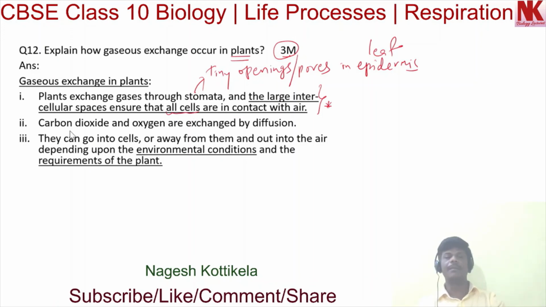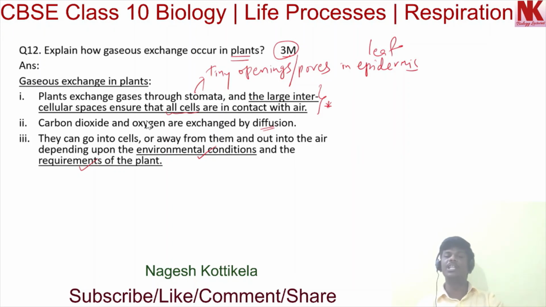Carbon dioxide and oxygen are exchanged by the diffusion process. They can go into cells or away from the cells and out into the air depending upon the environmental conditions and the requirements of the plants. So this is how the gas exchange process occurs in plants. The mechanism is diffusion, and it depends on the environmental conditions and the requirements of the plants.